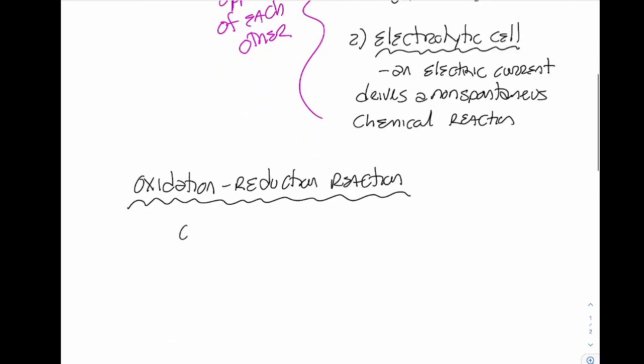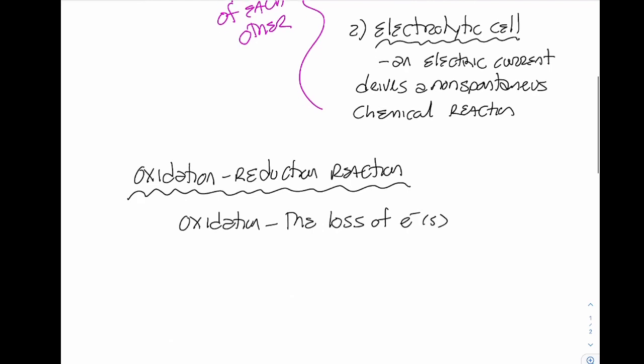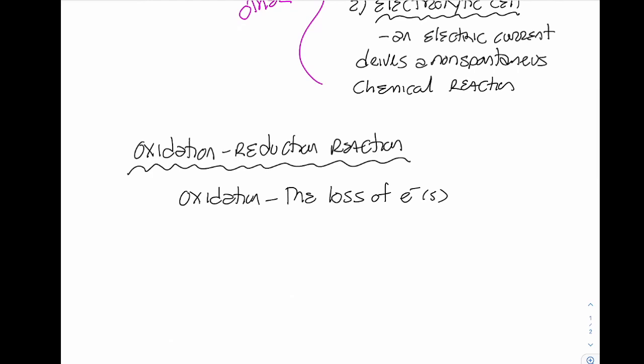So again, oxidation, this is the loss of electrons. Could be one, could be more than one, but it's losing electrons. We are going to assign oxidation numbers, and our oxidation number becomes more positive, because it's losing electrons.